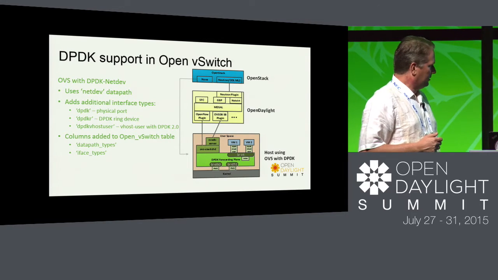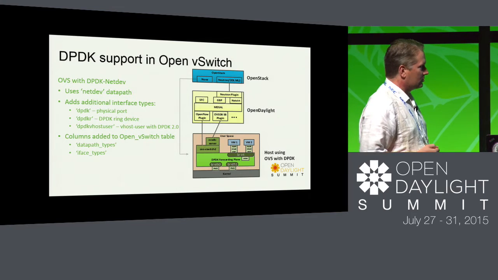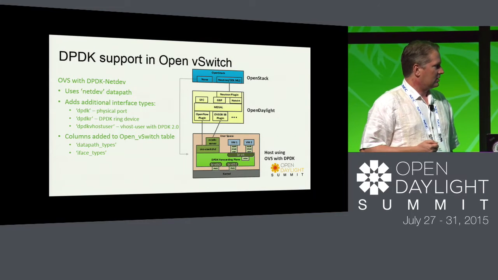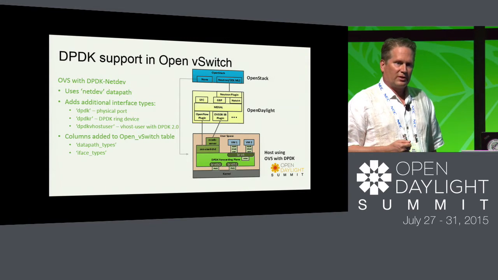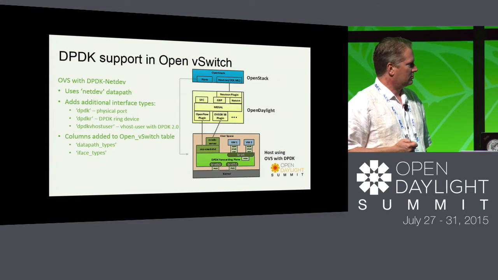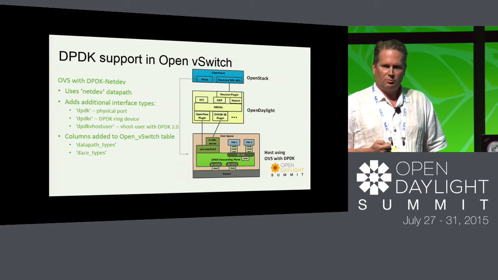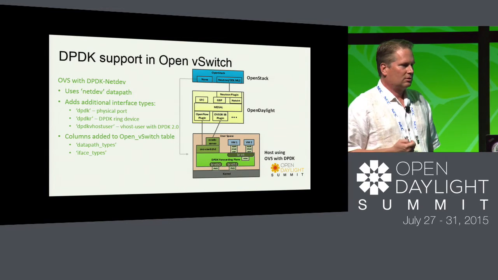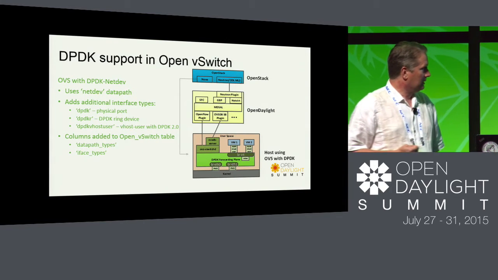Other folks have. And then the third one I'll call out is the DPDK vhost user interface. This particular type of vhost user interface was introduced with the version of Open vSwitch that's built with DPDK 2.0, which is one of the most recent builds of OVS.